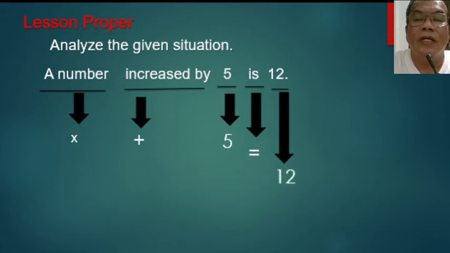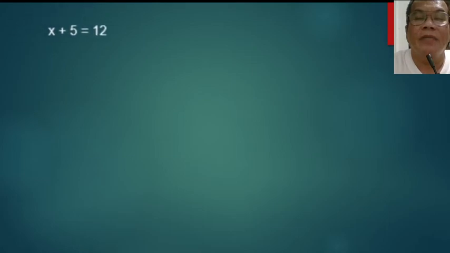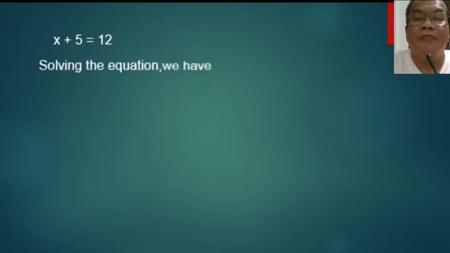So how will you write the algebraic equation on this? So that is x + 5 = 12. Okay, so let me rewrite the equation: x + 5 = 12. Then solve for the value of x.